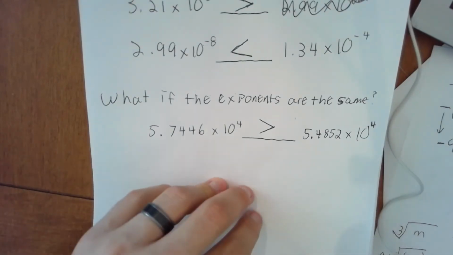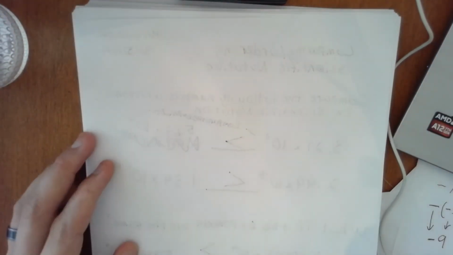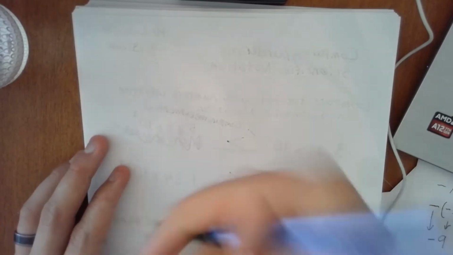Okay. Just got a couple more here. So what happens if we have to order multiple scientific notation numbers?